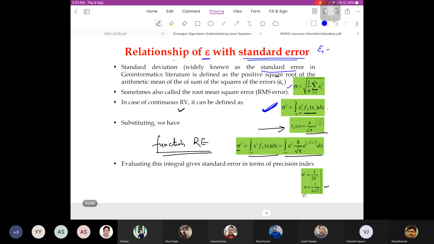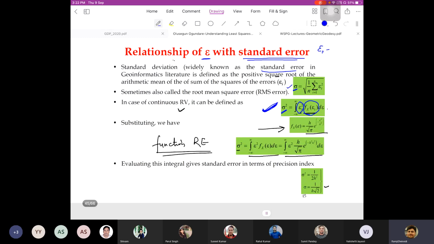Okay, so the standard error, which is defined as sigma, its variance is defined as sigma square. And in the case of sigma square, you could see how it is written. We are writing the error square multiplied by the probability distribution. Now this is very important.